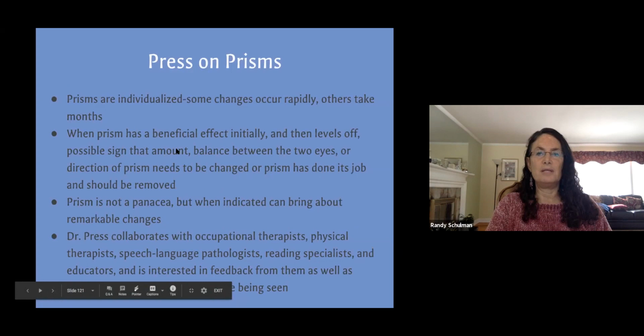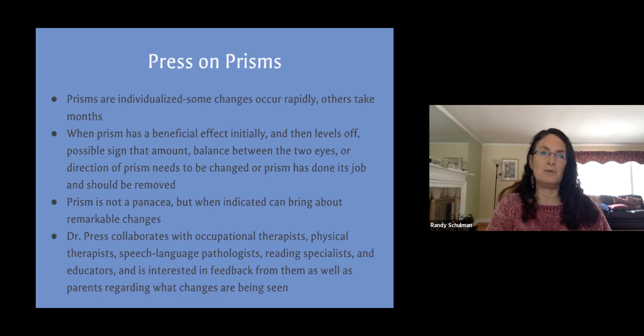Prisms are individualized. Some changes occur rapidly, others take months. And I think that's an important distinction to realize. So when we're prescribing therapeutically, very often you don't get an immediate effect. That's why I mentioned I'll have patients come back 3 months, 6 months. You want to be watching them, because you can actually have the most therapeutic effect at that 3-month mark, or maybe a year later.